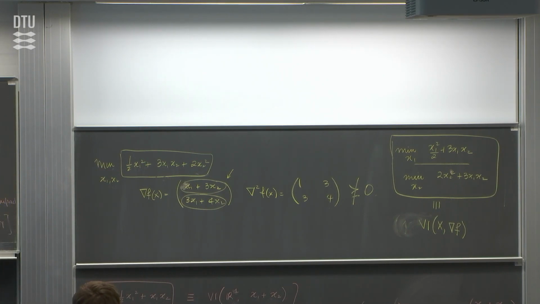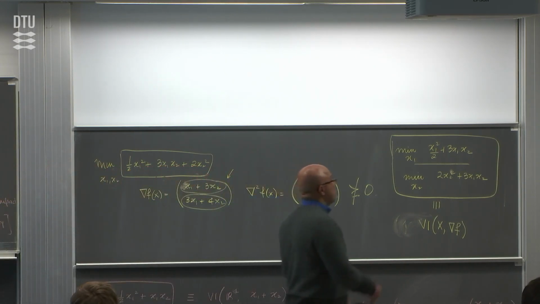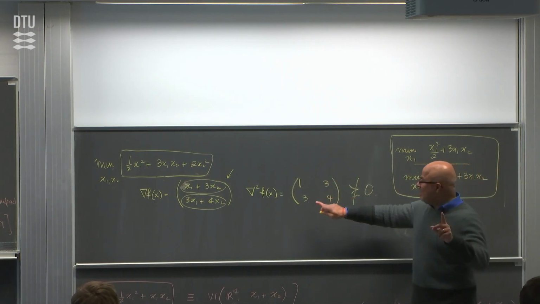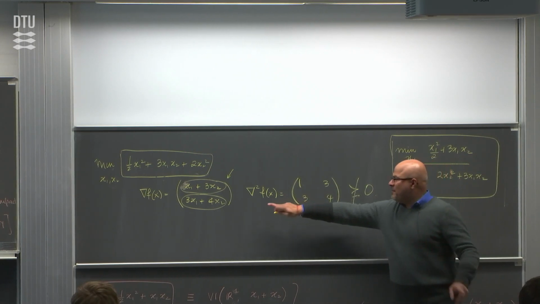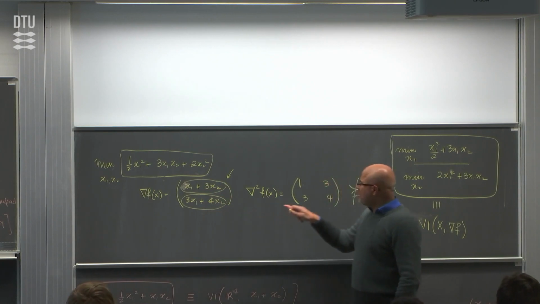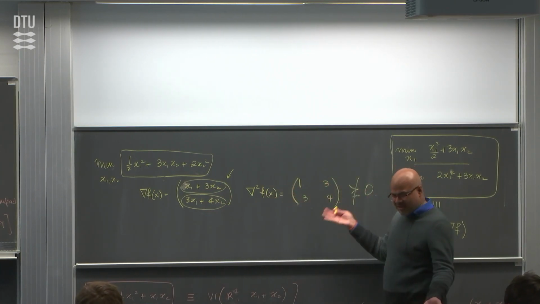Silly question. Sorry. How did you come up with the first formulation of the optimization problem for any player? I just observed it. The first thing you have to see is, if you started with this optimization problem, because it's an optimization problem, the Hessian is obviously symmetric.